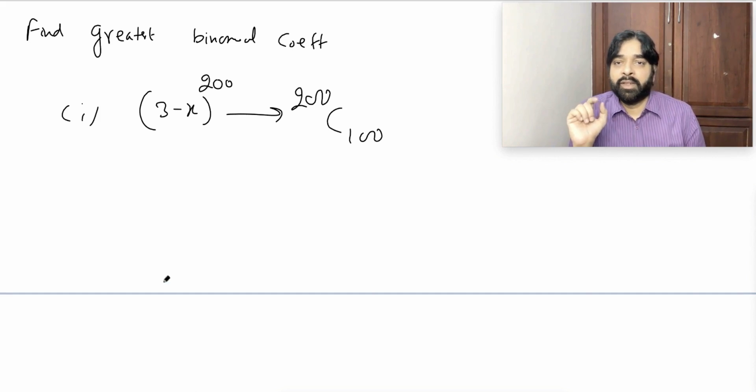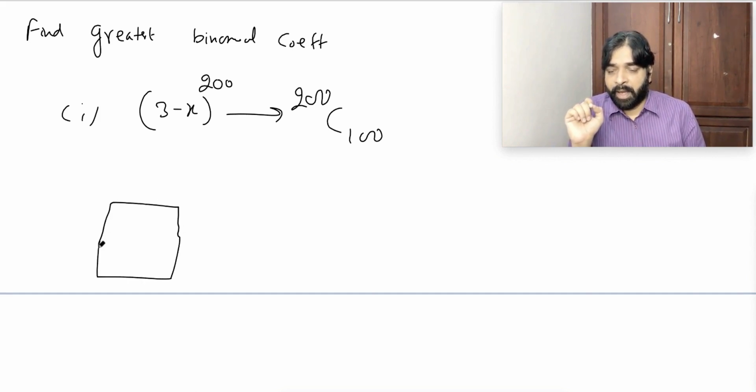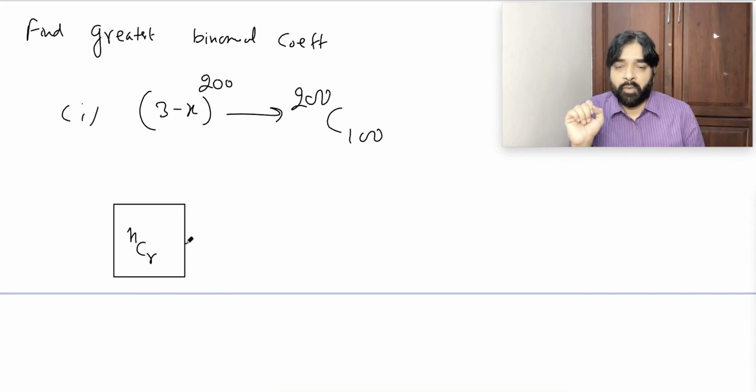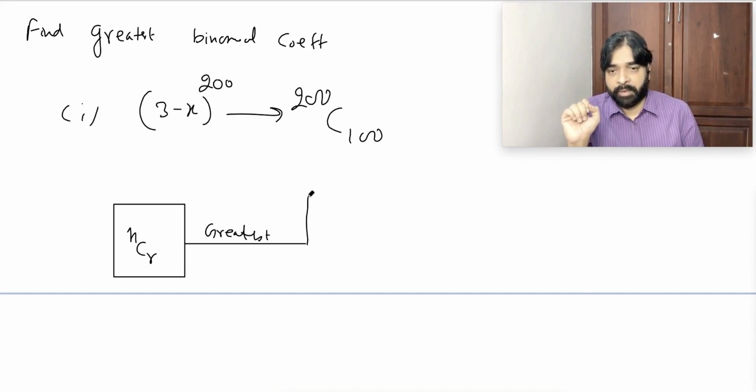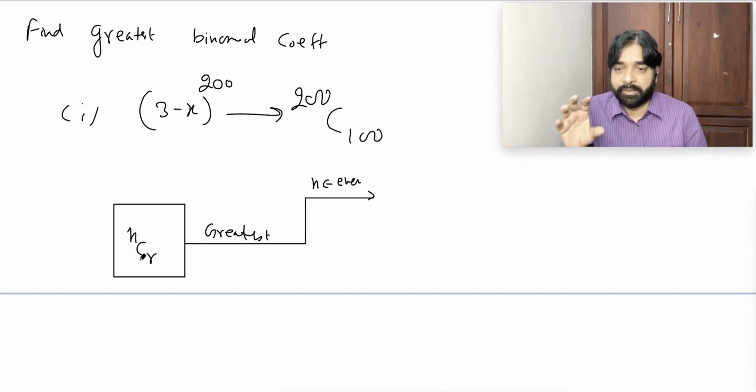Is it clear? So remember, nCr will be greatest under the condition on n. If n is even, then the greatest value of this nCr will be nC(n/2).